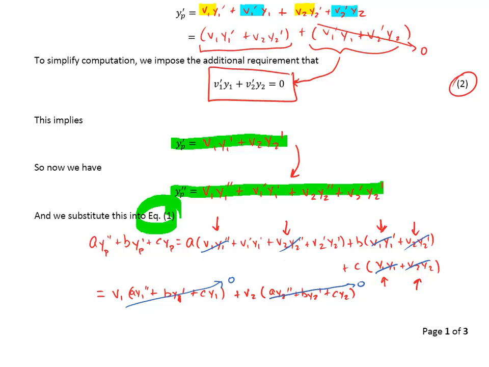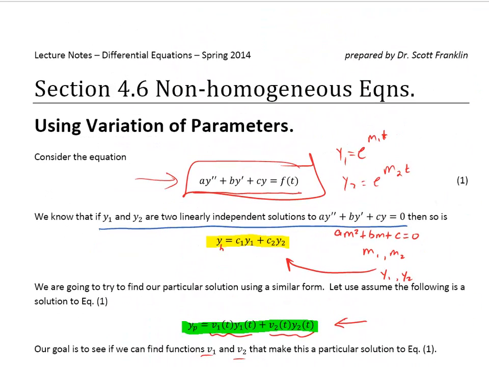And what I'm left with is plus an a times v1 prime y1 prime from here, and a v2 prime y2 prime from here, and this has to equal, right, because we're plugging into equation 1, f of t.